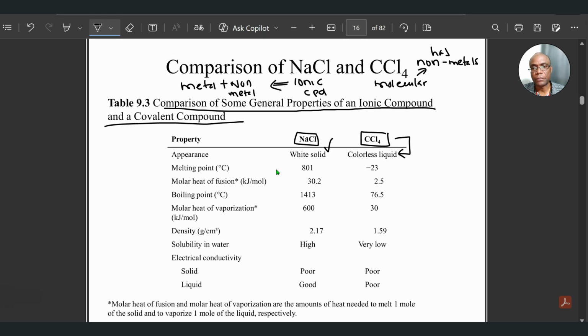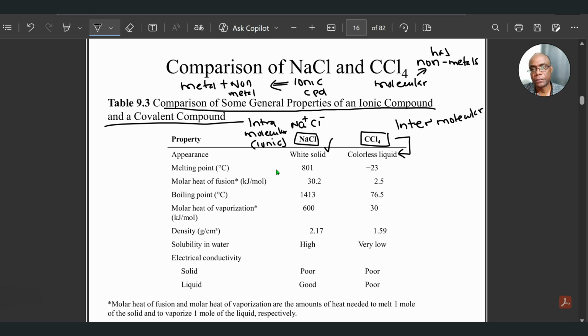This is a solid because the forces involved here are intramolecular. The intramolecular forces are strong, and it turns out to be ionic electrostatic forces, while here we don't talk about intra, we talk about intermolecular, the forces between two molecules.